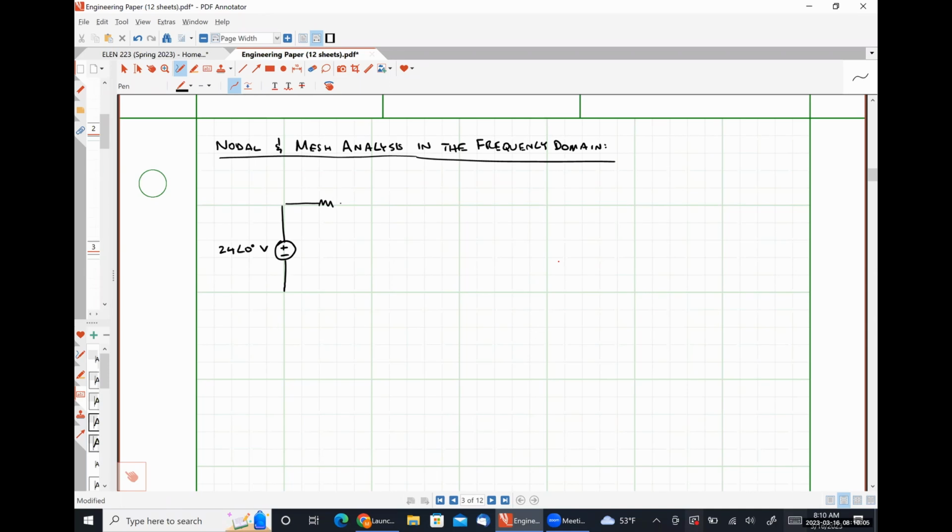Here we're going to have a 4 ohm resistor. Here is a j4 ohm inductor. A j2 ohm inductor. Another 4 ohm resistor. A 10 angle 0 degrees volt source.